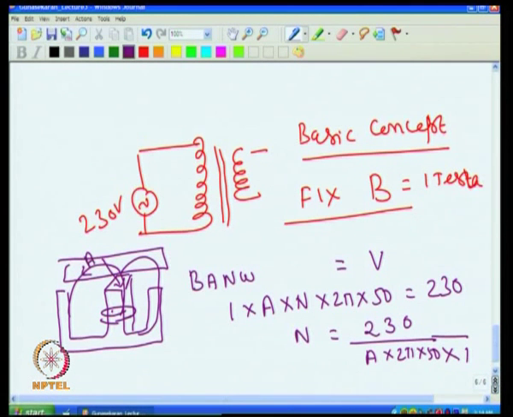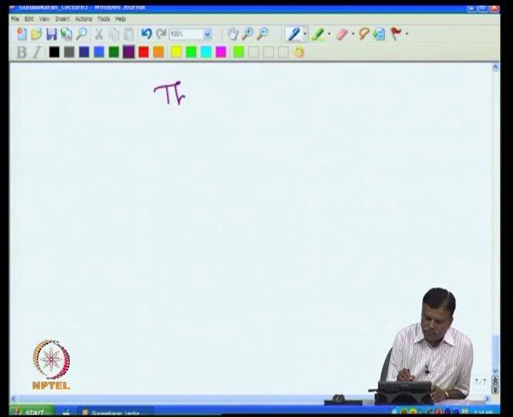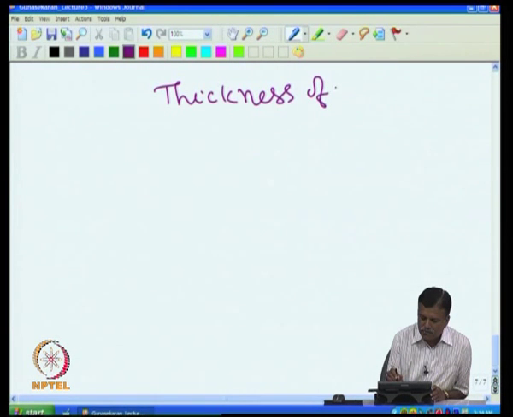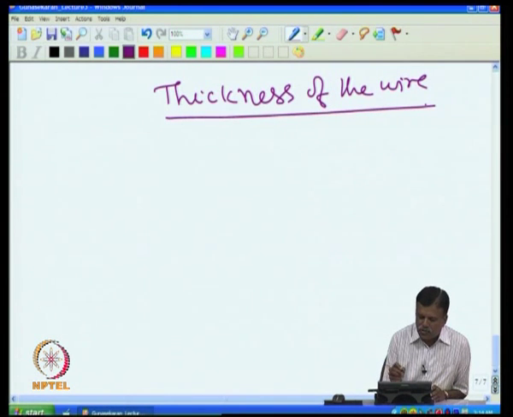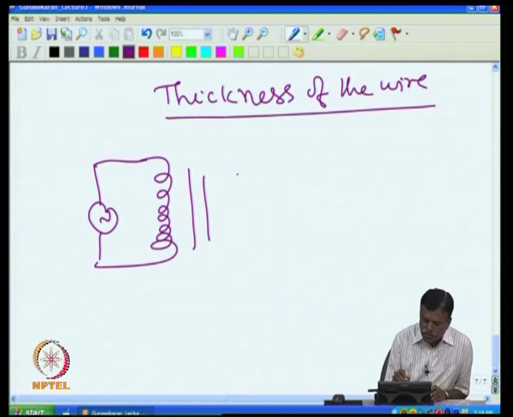Then once the number of turns is decided, I should see what is the thickness of the wire that I have to use. So, the next question is what is the thickness of the wire to be used. Now to go into that, we should see a little about the secondary circuit, because this is the primary, and you have the core and then you have the secondary voltage.